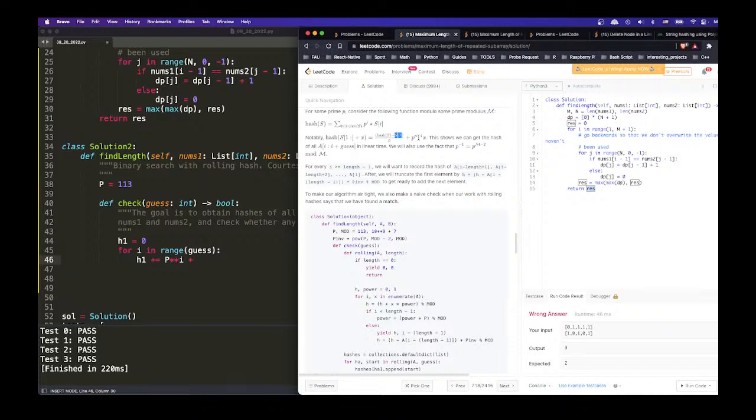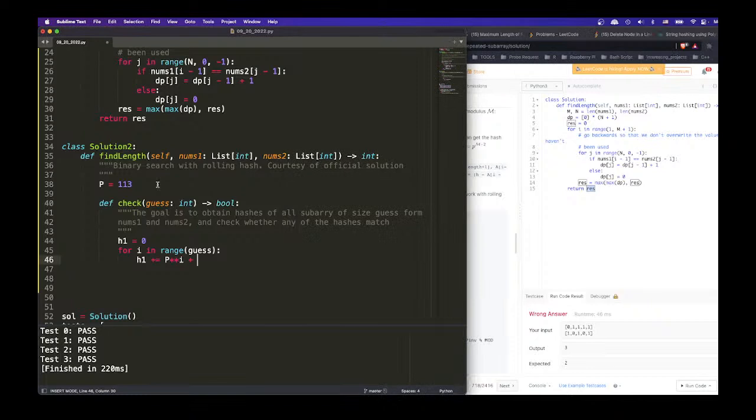I'm gonna do it my way, which involves just this. I probably need mod. Alright, and we just get a first guess. So we say power equals 1, right?